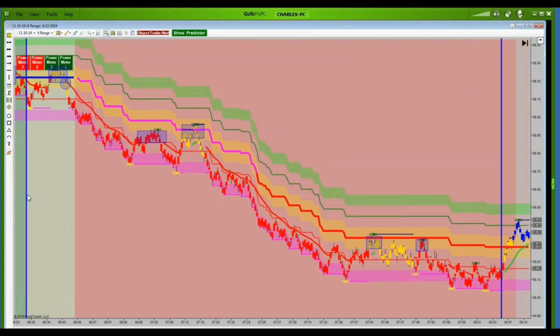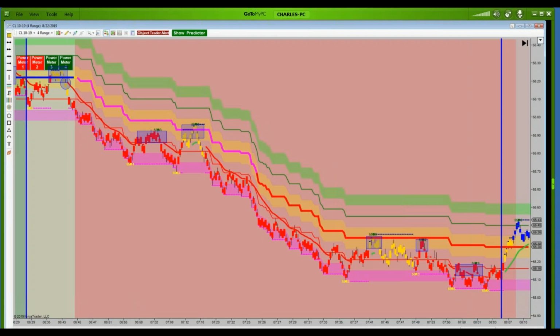How about this little collection of bars right here? Are these minimum criteria? Yes or no? What do you think? Yes or no on those last few bars, just when that double bottom was starting to form down there. It's the last question of the day, and we're going to wrap.